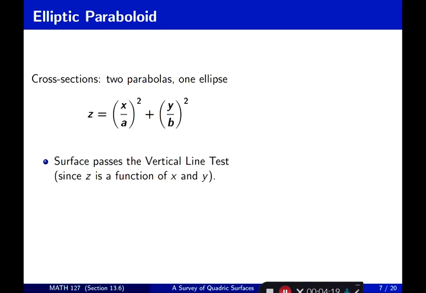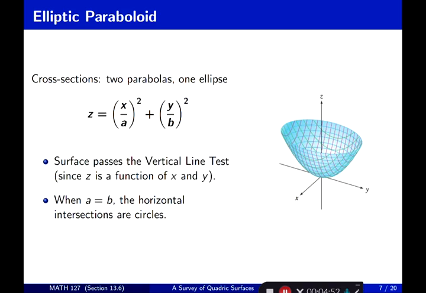If you take functions of two variables, you still can graph them as a surface, and the graph should satisfy the vertical line test, and so this one does. Another thing is that when a is equal to b, the horizontal intersections are circles.